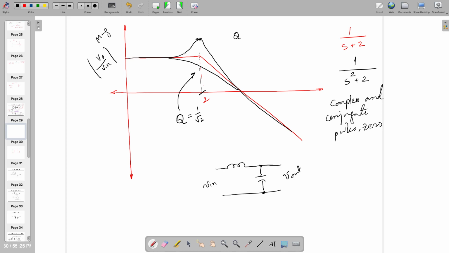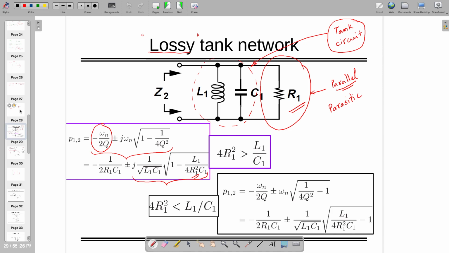If your Q factor, which is quality factor, is higher than 1 by root 2, this overshoot will happen, or this is called an underdamped system. That can be controlled by a resistance in parallel.